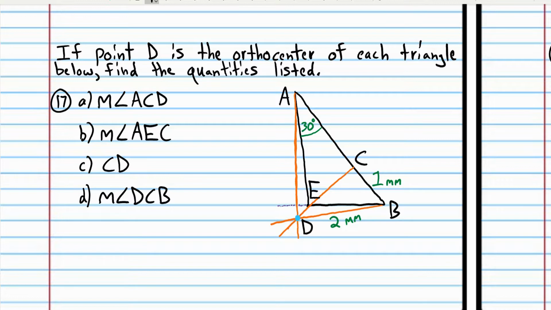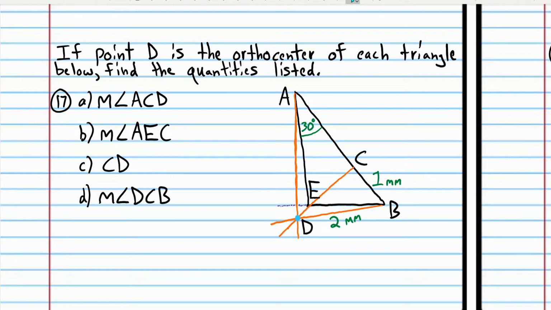Notice the orthocenter is outside the triangle. Orthocenters can be outside the triangle, on the triangle, or in the triangle. So now we're looking for the measure of angle ACD. So that's this angle here. Now, pay attention to this. This is going to be kind of weird. This segment is going through the orthocenter. We're told that D is the orthocenter, right? And it's also going through a corner, a vertex of the triangle.